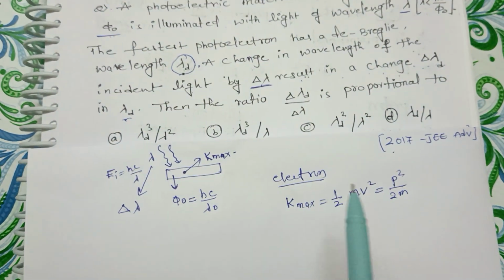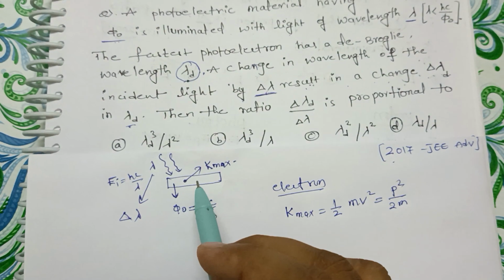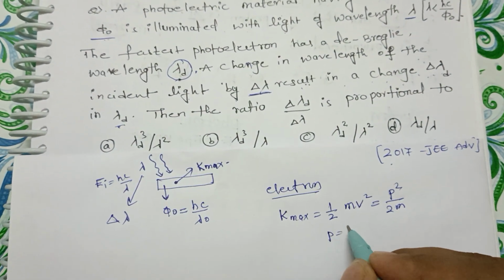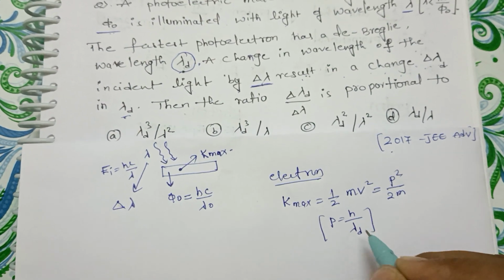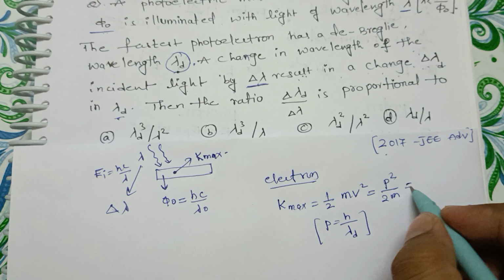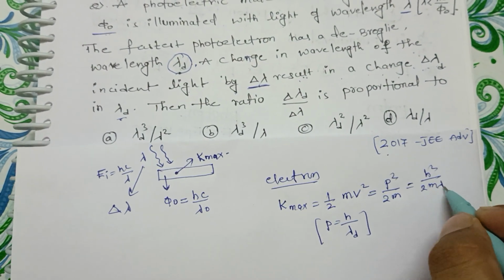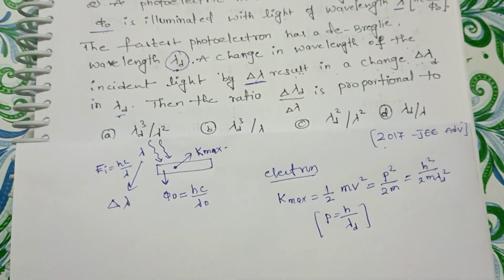But he has not given any momentum in the question. His intention is to get the answer in terms of wavelength, so change momentum into wavelength: p equals h by lambda d, where lambda d is the de Broglie wavelength of the electron. So you can write h square by 2m lambda d square. That is the maximum kinetic energy of the electron in terms of wavelength.